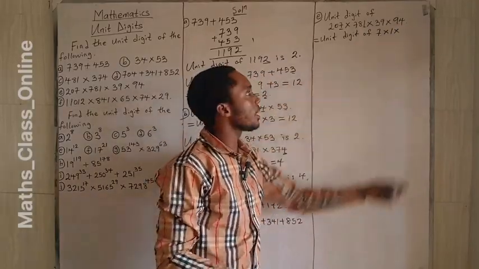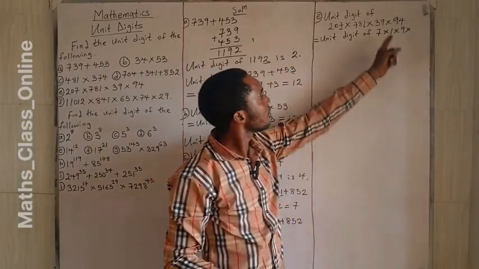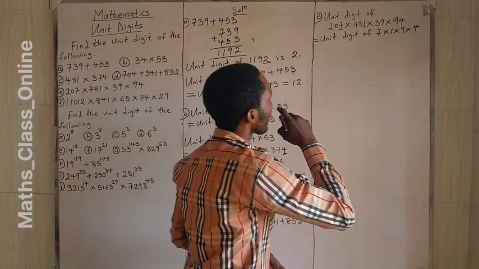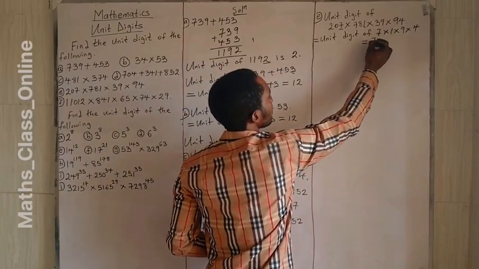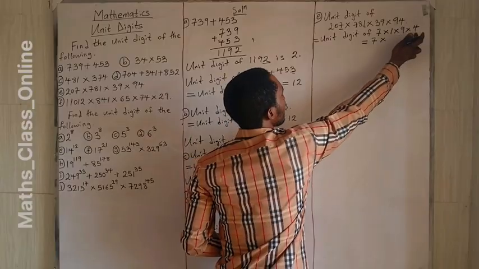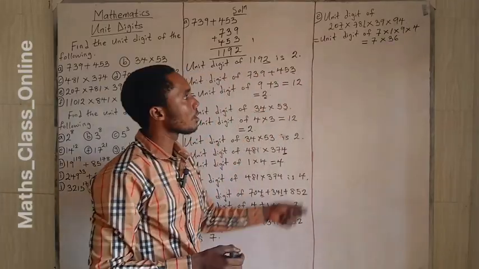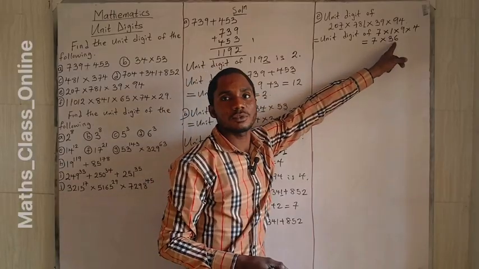Unit digit of 39, that is 9. And unit digit of 94, that is 4. This is equal to 7 times 1, that is 7, multiplied by 9 times 4, 36. You can see that we have single digits here and two digits here.